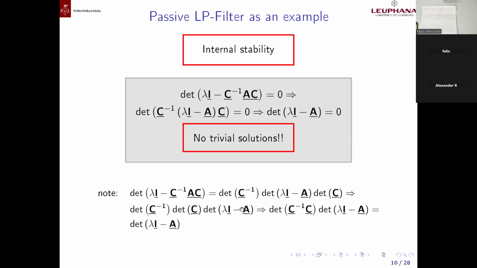In which the determinant of C up to -1 equals 1 divided the determinant of C, which I can cancel with this. We can see here, the determinant is a scalar.